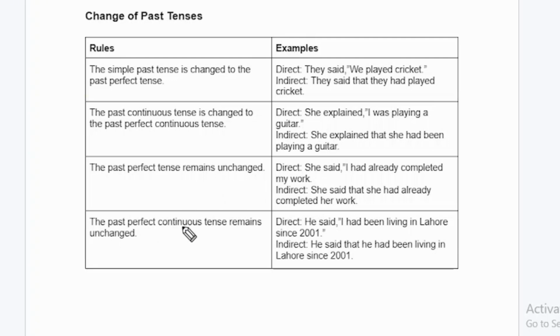The past perfect continuous tense also remains unchanged, so that is another rule. Direct: he said, "I had been living in Lahore since 2001." Indirect: he said that he had been living in Lahore since 2001.